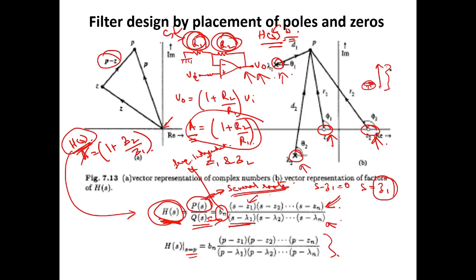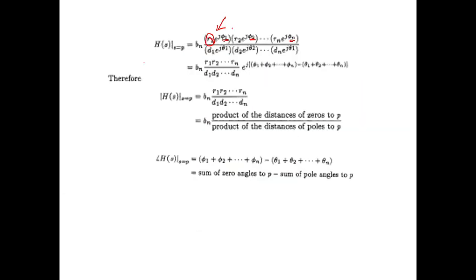But this p, I have told you that we have moved it onto the imaginary axis for designing the filters, right? So from the point of zeros to a particular frequency point.